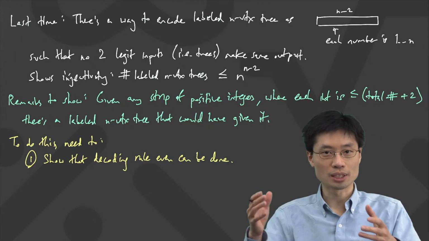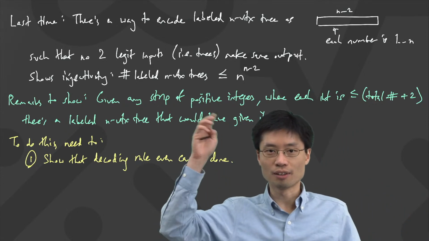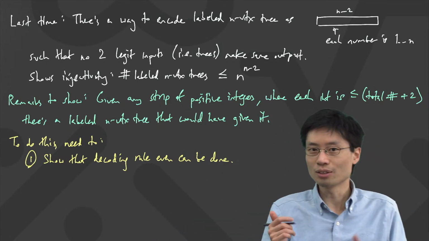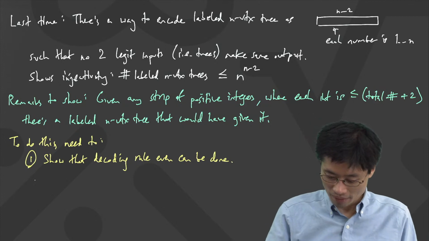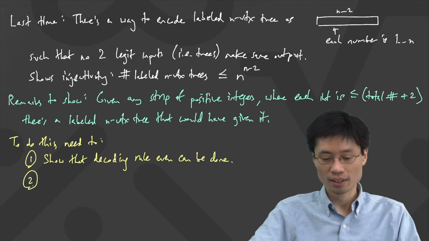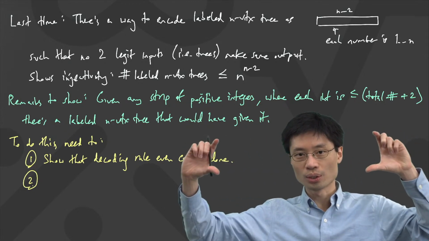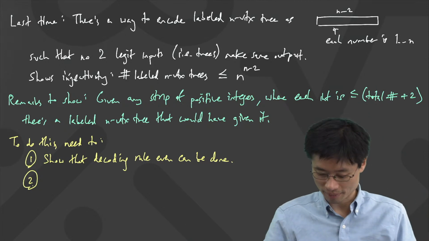Okay? And I'll be more explicit in the next screen as I explain. Being done just means avoid the numbers to the left, avoid the numbers below and to the right. How do you know you even can find something that avoids them? We need to know that, so it can be done. And we also need to show that the output, this 2-row thing with n minus 1 columns, better be a tree.